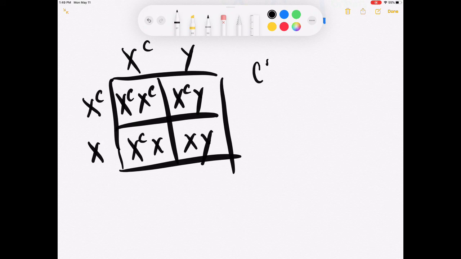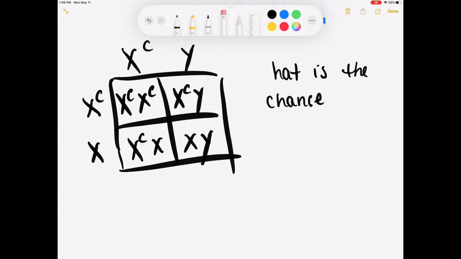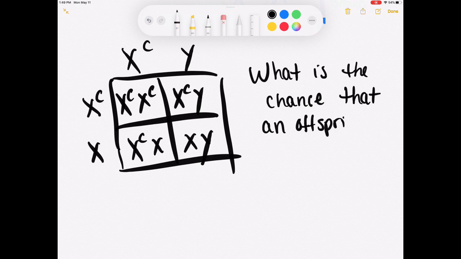And then you'll have your normal questions like you've had. So what is the chance that an offspring could be colorblind? If we look at the box, we'll evaluate them all now.